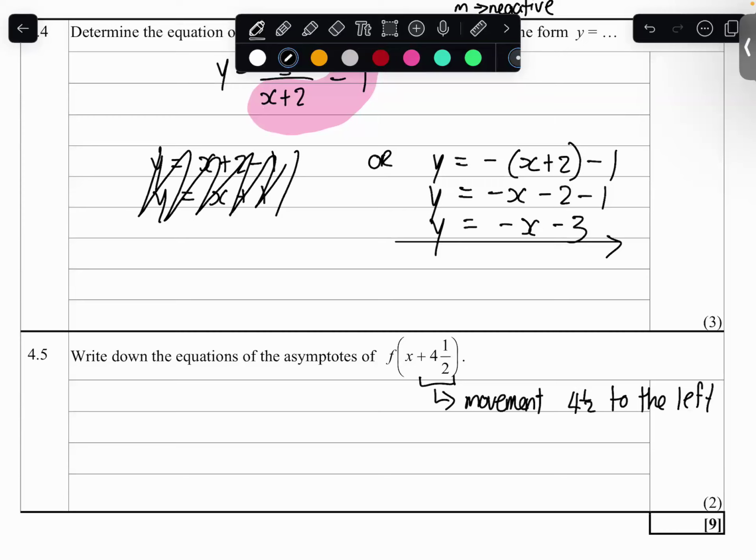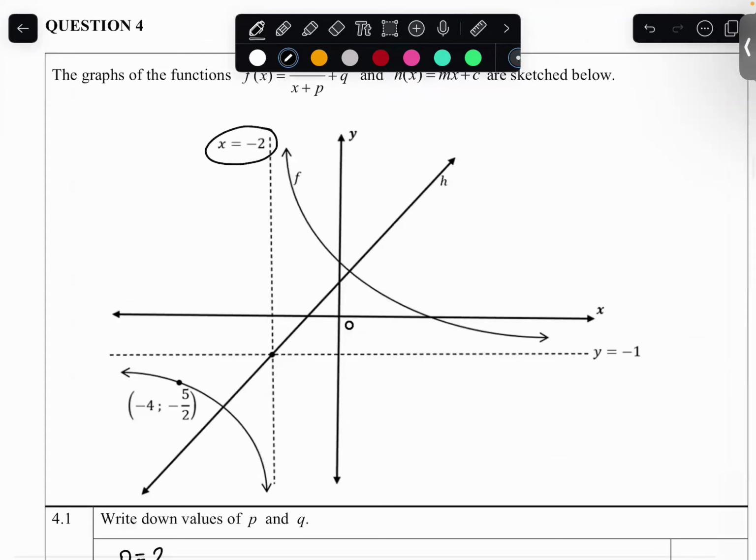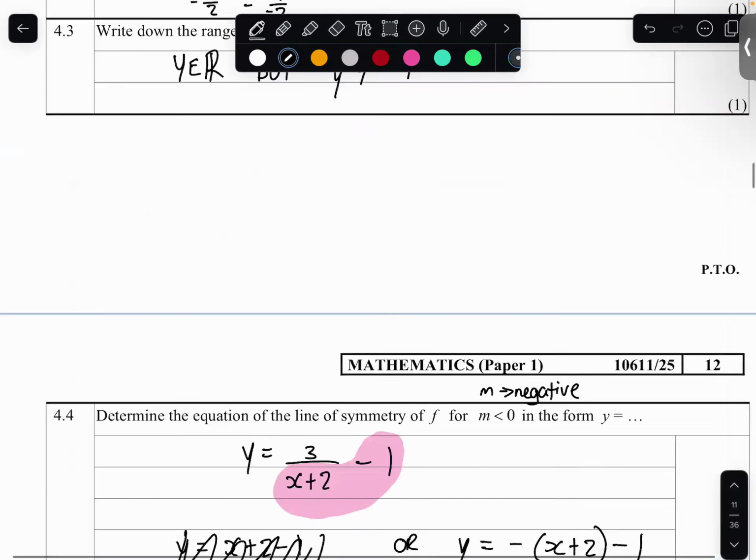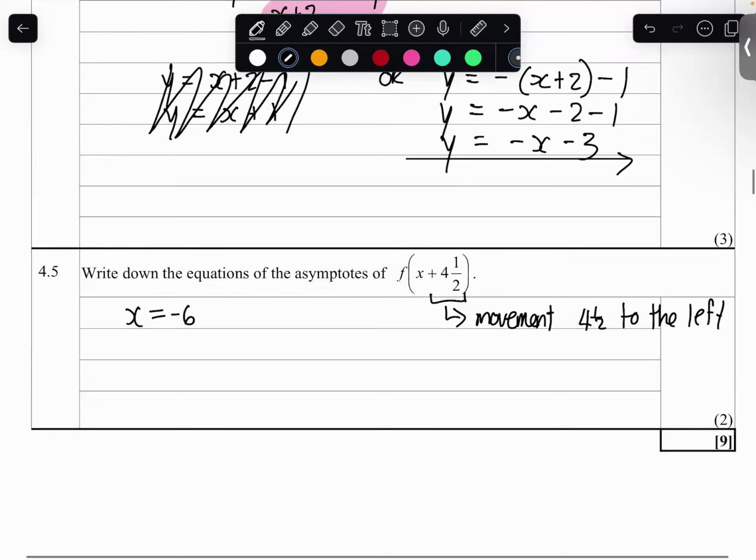So if the equation of the vertical asymptote is at x is equal to minus 2, and this graph is being shifted 4.5 units to the left, then your x asymptote is now going to be at negative 6.5. Negative 6.5. Hold on.